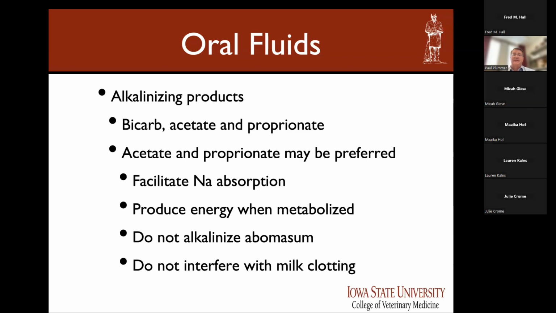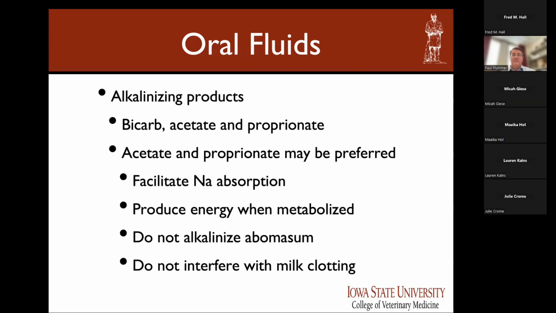So that abomasum is an extremely acidic environment. And when the milk goes into the abomasum, it actually forms a milk clot. That milk clotting process is important to digestion. Maybe not quite; we used to think without that, you were just totally toast. It's not quite that important, but I think we do still believe that there's enough value in that normal process that we like to see it occur.